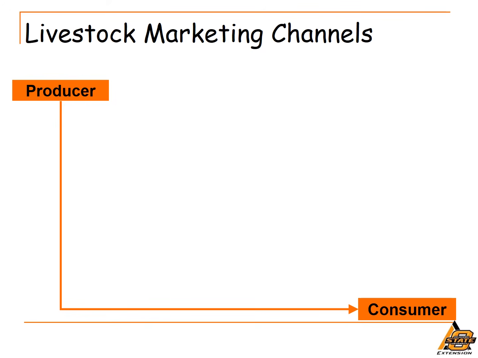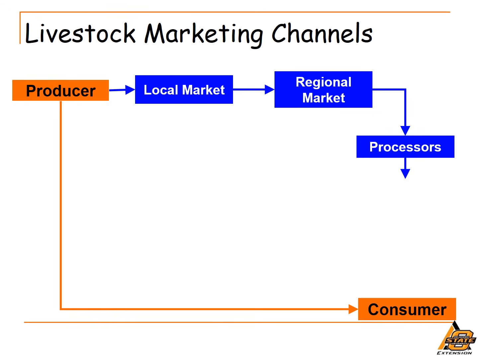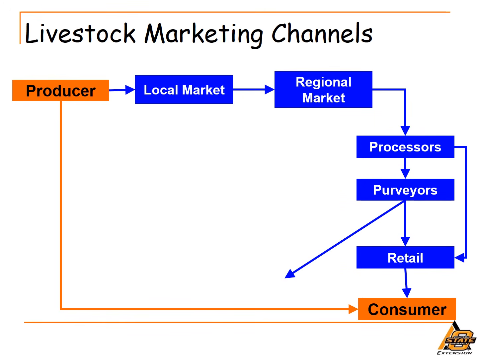That's the final destination of our product, and it would be really great if we could go straight to the consumer, but that's hardly ever the case. Typically we have to sell into a local market. That local market may sell into another regional market that goes then into processors, purveyors, maybe down to retail, and finally to the consumer, or into food service and then the consumer.